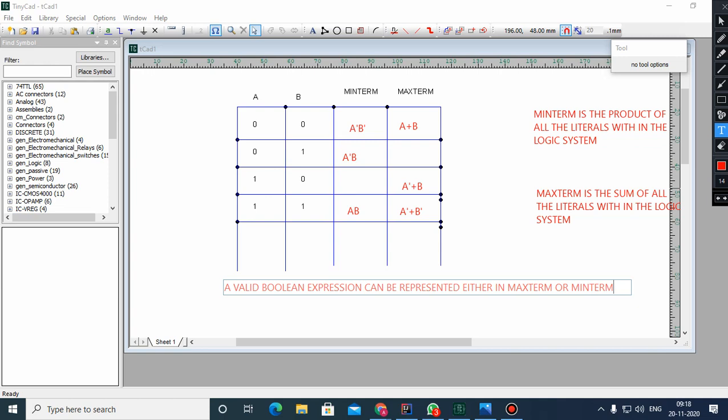Here the Boolean expression which is made up of only minterms is known as an SOP expression, that is, sum of products. If I am considering the three entries, A complement B complement plus A complement B plus AB, it is a valid SOP expression.